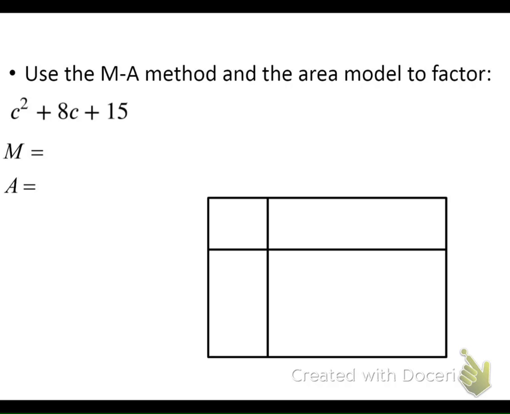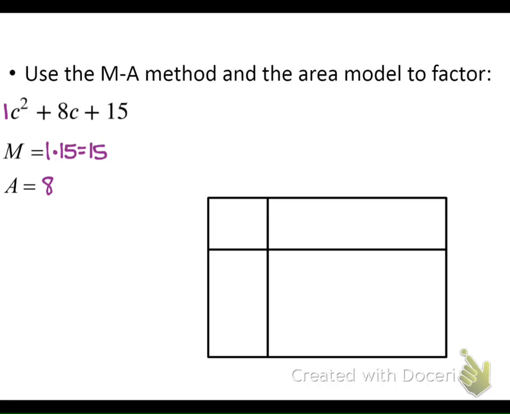My first coefficient would be 1 because there's nothing with the variable. But what's my third coefficient? So I'm going to take 1 times 15 and get what? Good. Okay. Mackenzie, what's my A? Just the 8.